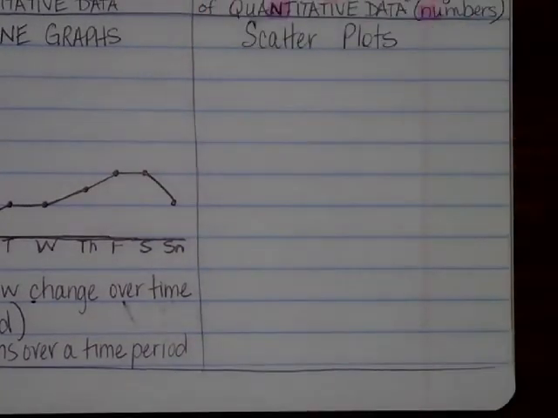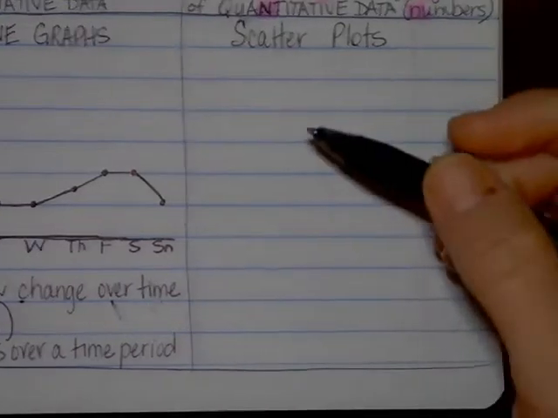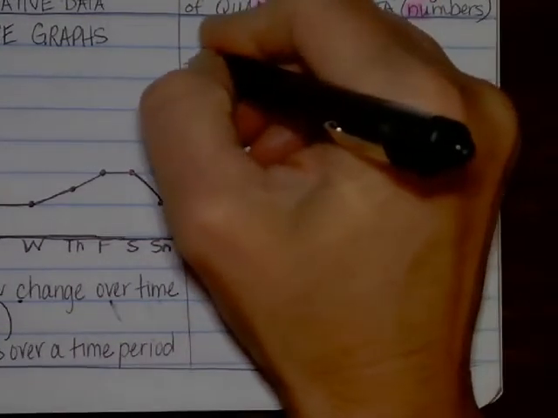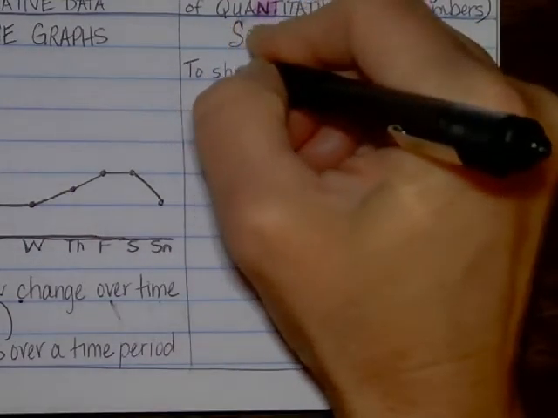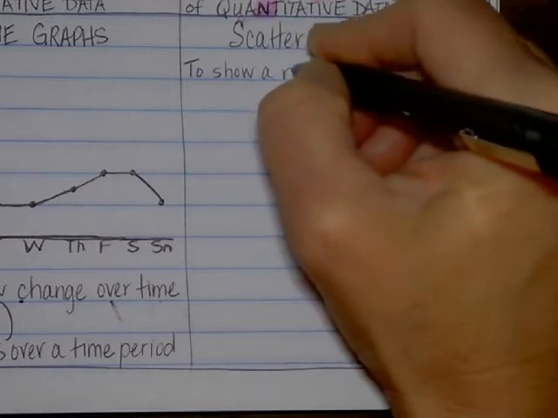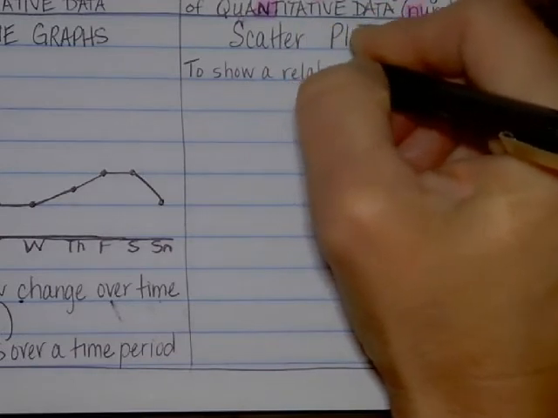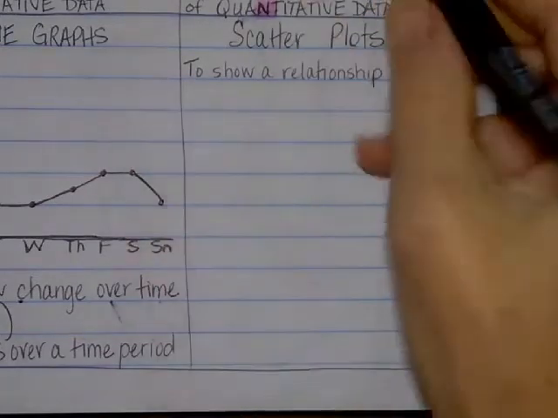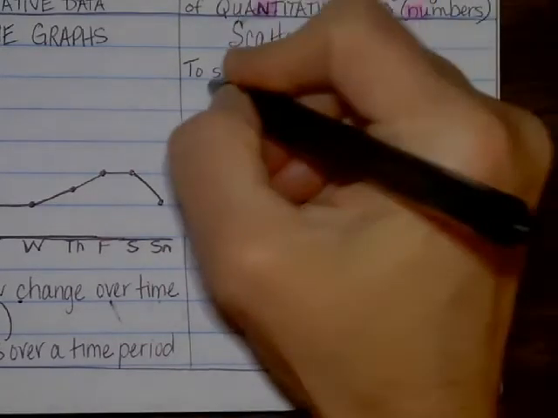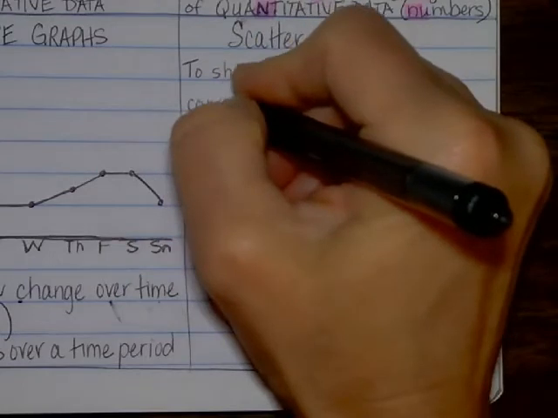So a scatter plot, I'm going to start with the purpose of a scatter plot here. So a scatter plot is to show a relationship, or, here's the science word, correlation.